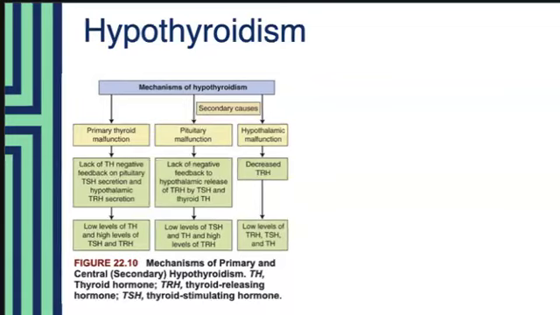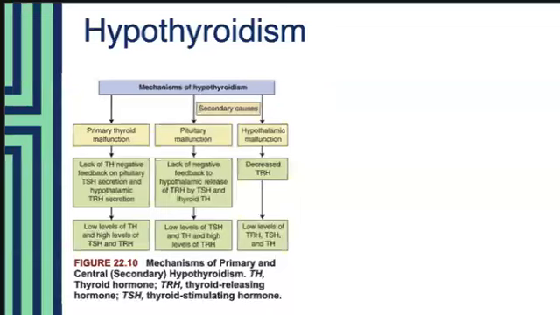Hypothyroidism can be primary, secondary, or subclinical. So that's what we're going to dive into, looking a little bit closer at those three types. In primary, there is a loss of thyroid function that leads to decreased production of thyroid hormone.